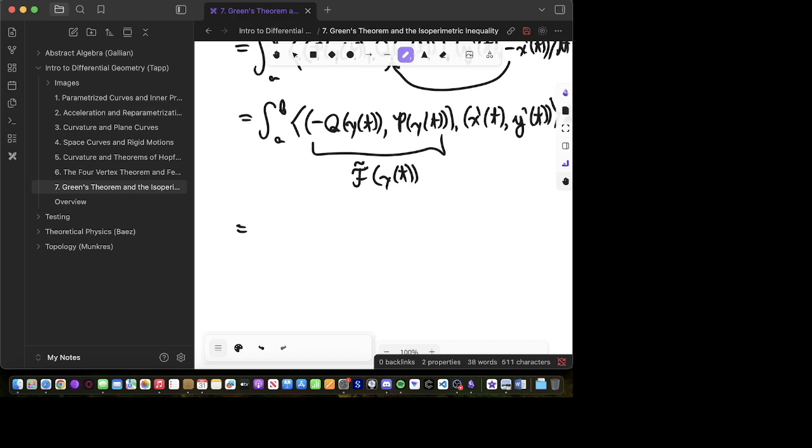And we can define this as a sort of line integral because we have a vector field and its velocity.